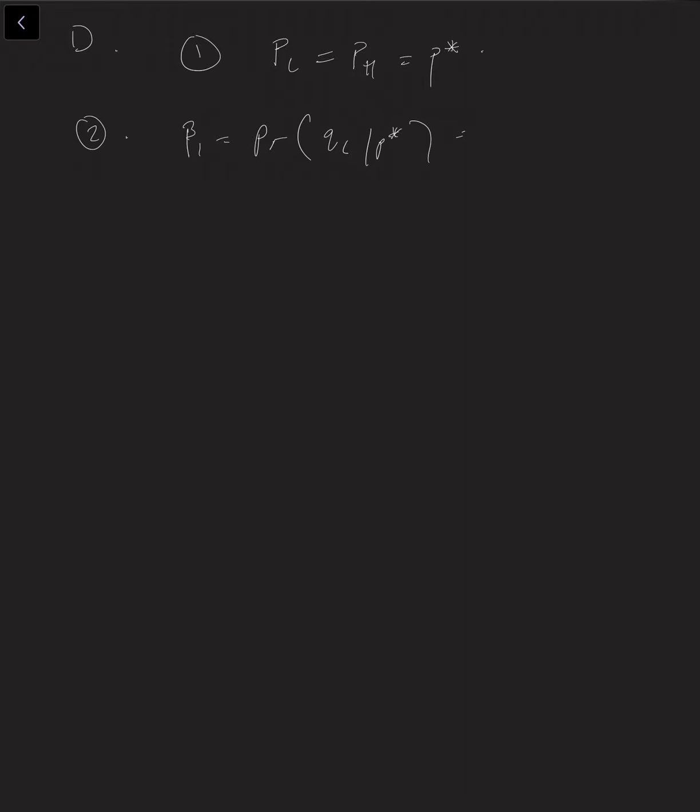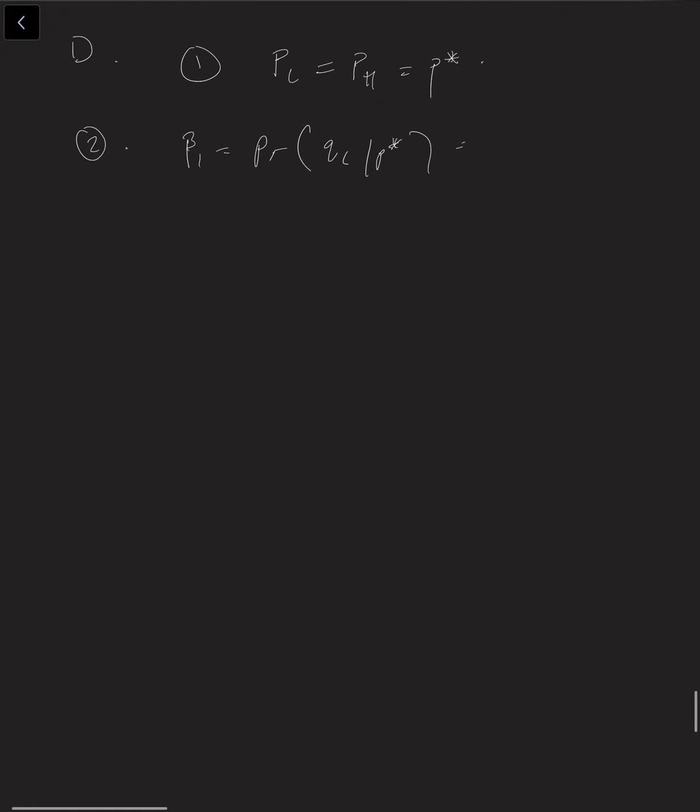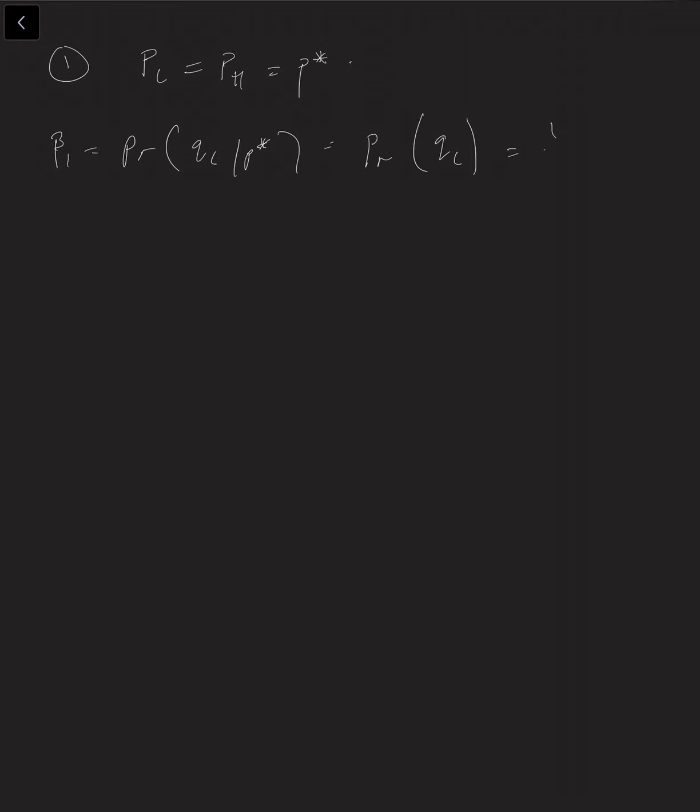And again, as in the case of labor signaling, if both flats are posted at the same price, then the posted price is not going to reveal any information about the quality of the flat, and so this conditional probability is just going to be equal to the unconditional probability that any flat is of a low quality, and this we're told is half.